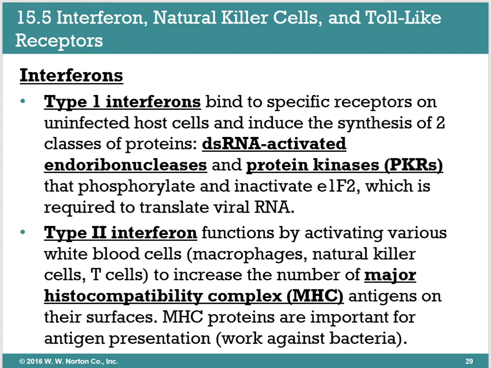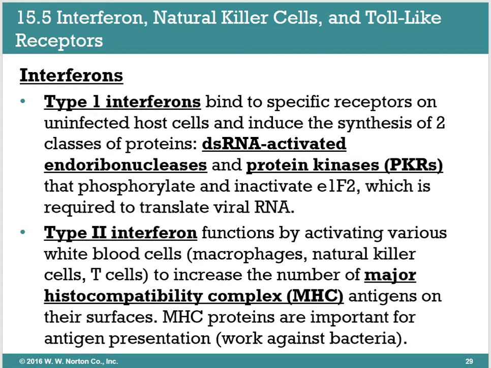So, I've already said some of this, but with interferon type 1, the alpha, beta, and omega, what they do is bind to uninfected cells, and with that, they will induce production of certain proteins, specifically double-stranded RNA activated endonuclease, as well as protein kinases.